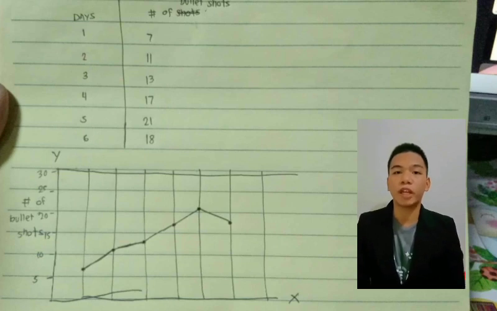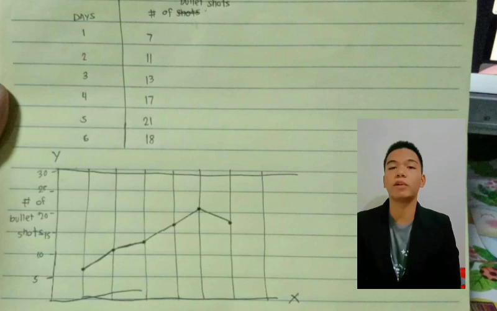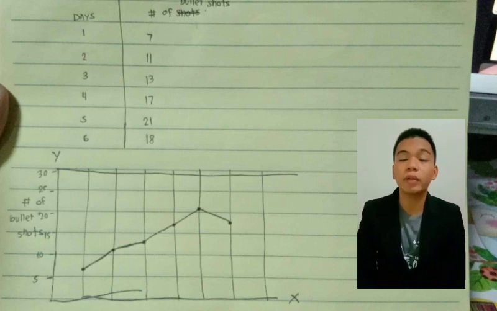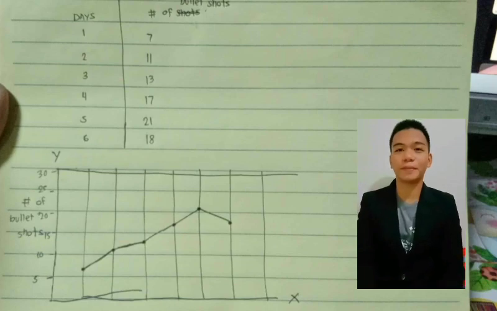For example, in the first day, you have 7 bullets, then so on. And then your points represent your number of bullet shots. And then connect each point so you can create now the broken line graph. And then title your graph.